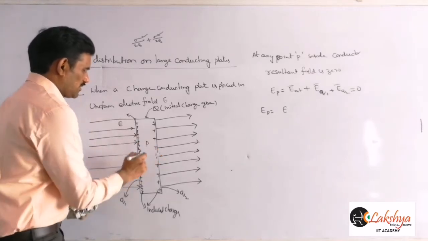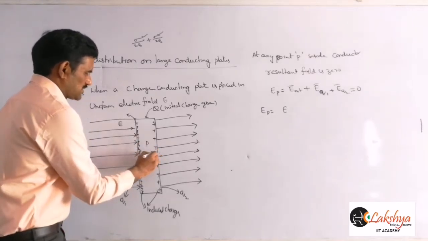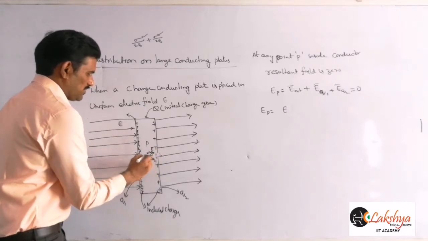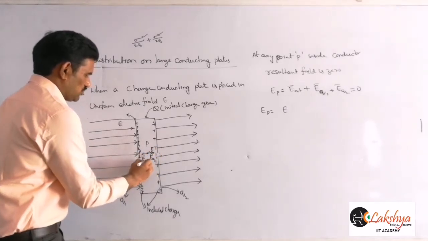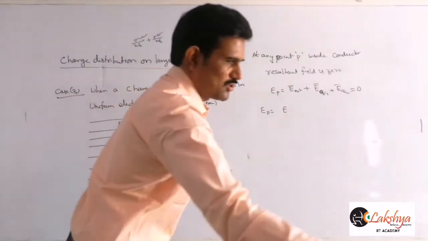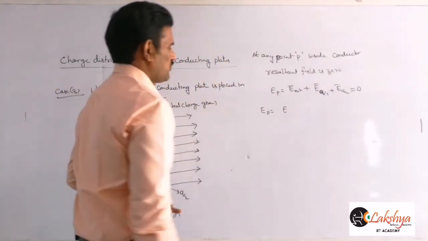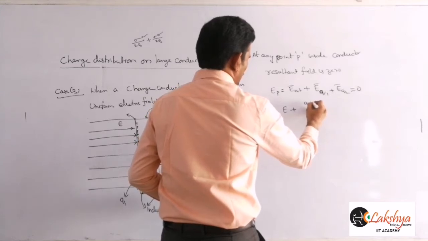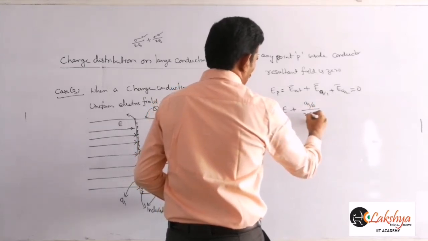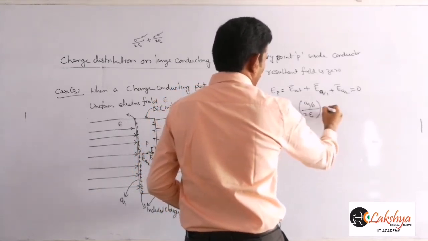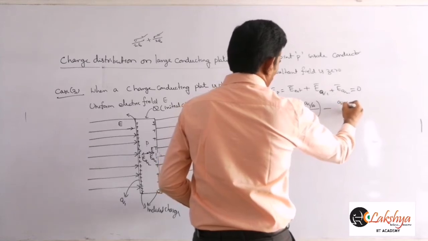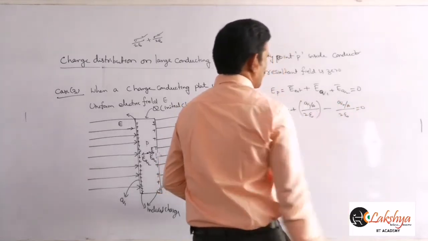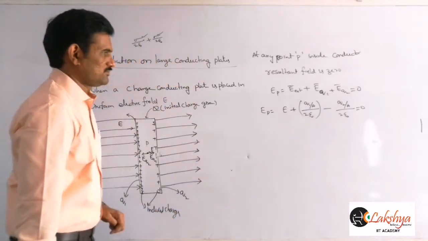Now this directions also we should draw here. So just I am taking the point P here. This external field will be along this direction, and due to this Q1 it will be along this direction, and due to this Q2 it will be along this direction. So then Q1 is in the same direction as the external field. So I am writing that as plus Q1 by 2A epsilon naught, minus Q2 by 2A epsilon naught, and this value should be equal to 0, right.